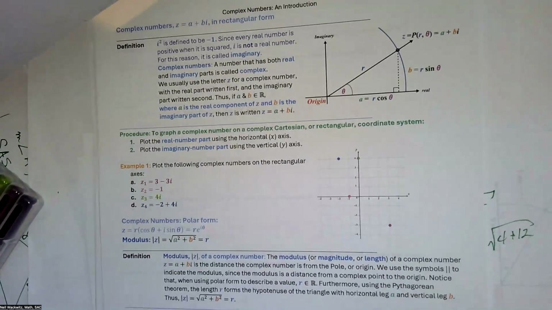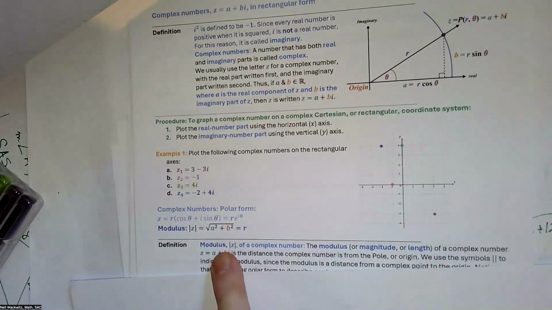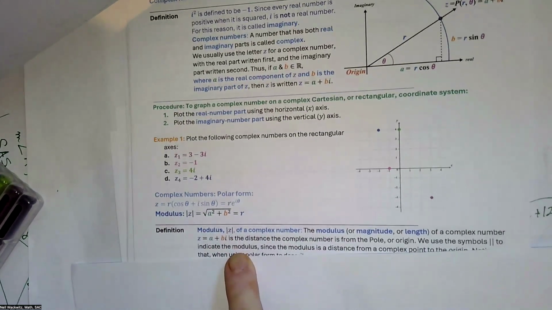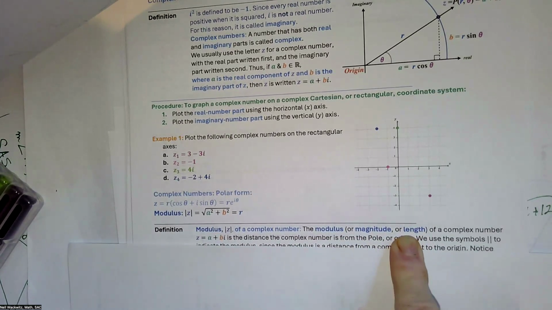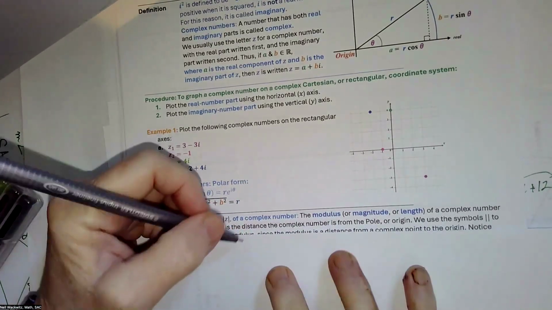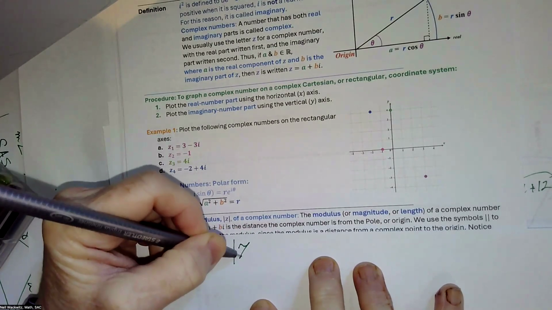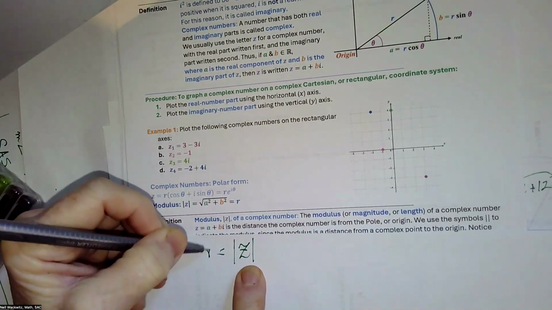We've got some notation. The modulus of a complex number is like its magnitude or its length. The notation looks like absolute value, but this is r.